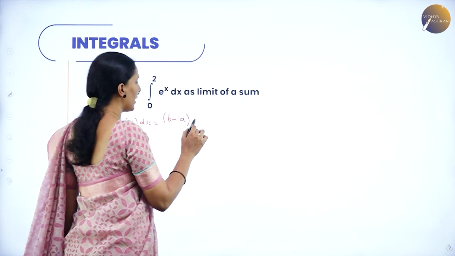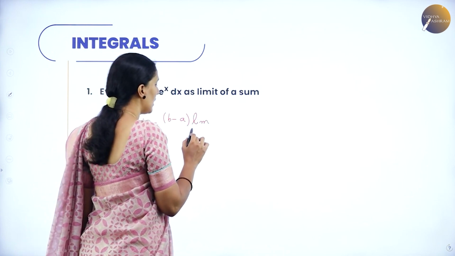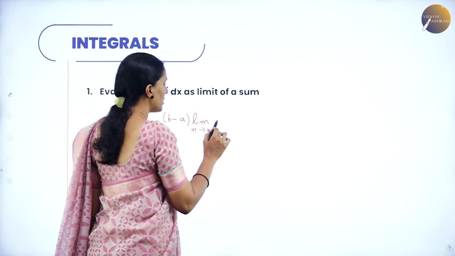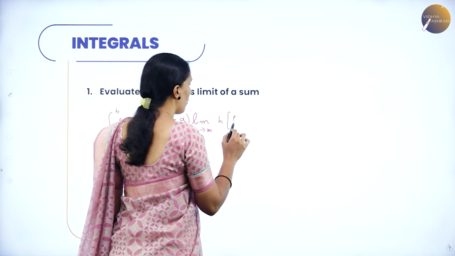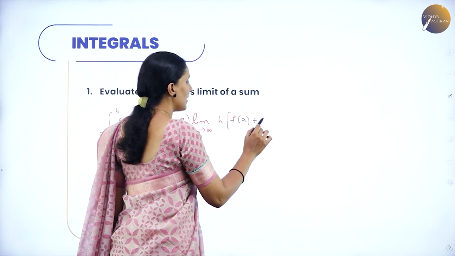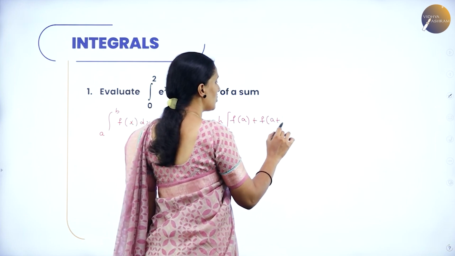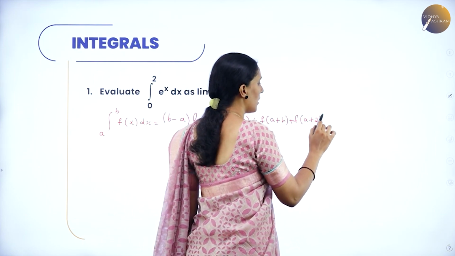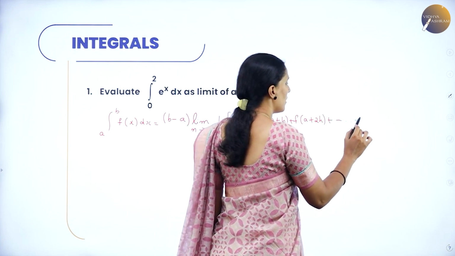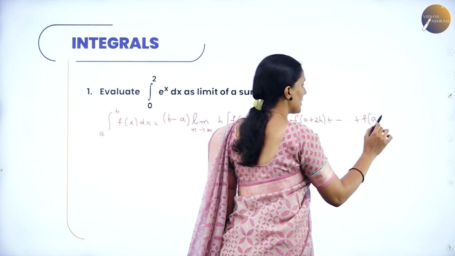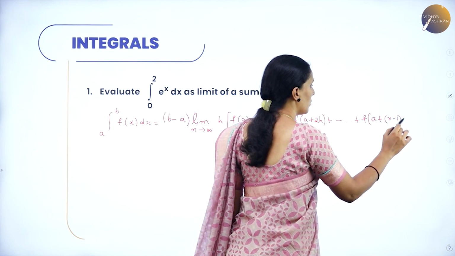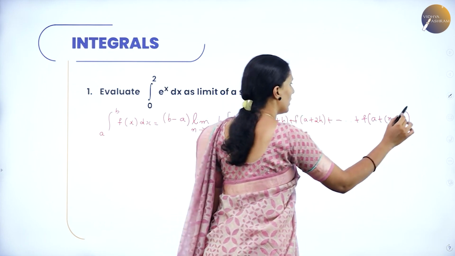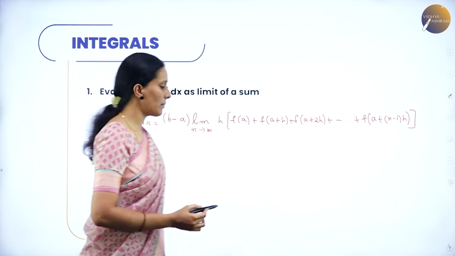So therefore I can take it as b minus a, limit as n tends to infinity, h times f of a plus f of a plus h plus f of a plus 2h plus etcetera, f of a plus n minus 1 into h. So this is what the definition of the limit of a sum says.